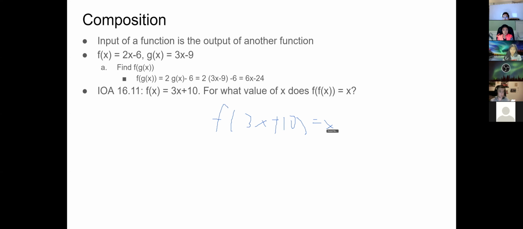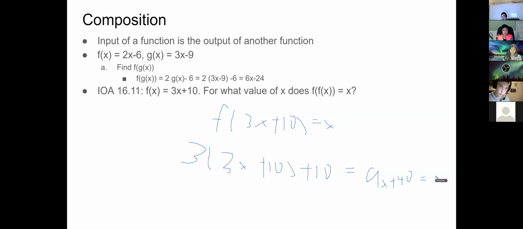So that means using 3x plus 10 for x in this function gives 3 times (3x plus 10) plus 10, which is 9x plus 30 plus 10, which is 9x plus 40. And that has to be equal to x because f of f(x) is equal to x. So solving this gives x equals -5. That's perfect.